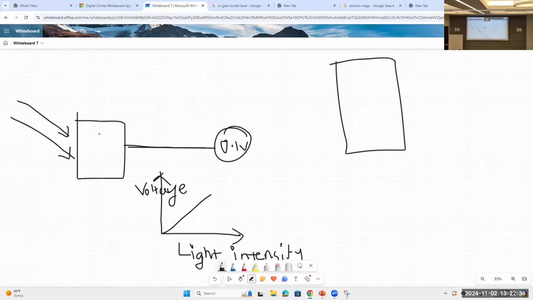So you have to convert the physical signals to electrical signals so that we can process them in the microcontroller, microprocessor, or whatever, because they deal with voltage or currents. So sensors are like that: temperature sensor, sound sensor, light sensor. A photodiode is a light sensor. There are other light sensors like the phototransistor and other things.